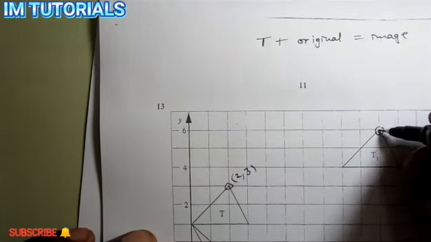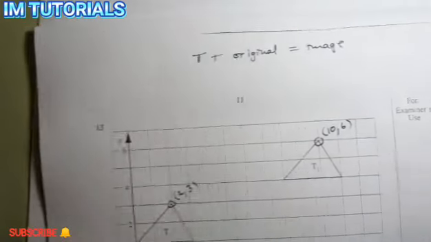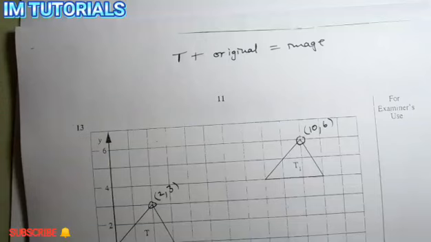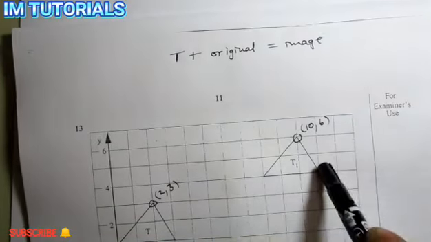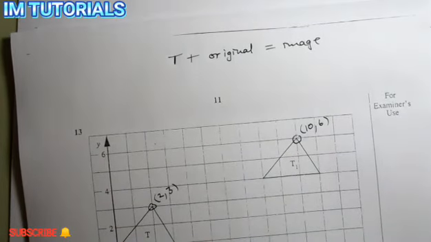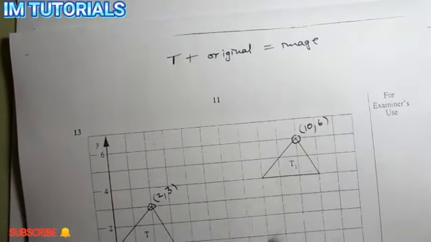What are the points here? We have 10 for x and 6 for y, right? Any combination, as long as you have chosen a pair of identical points, you will still come out with the same answer. So someone can use this corner and this corner, the answer is the same as this corner and this corner. Or someone can use this corner and this corner. So I have chosen the top corner and the top corner.